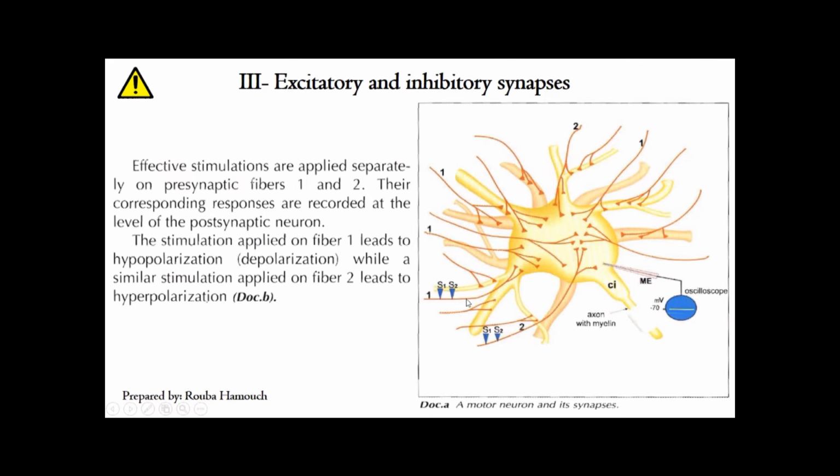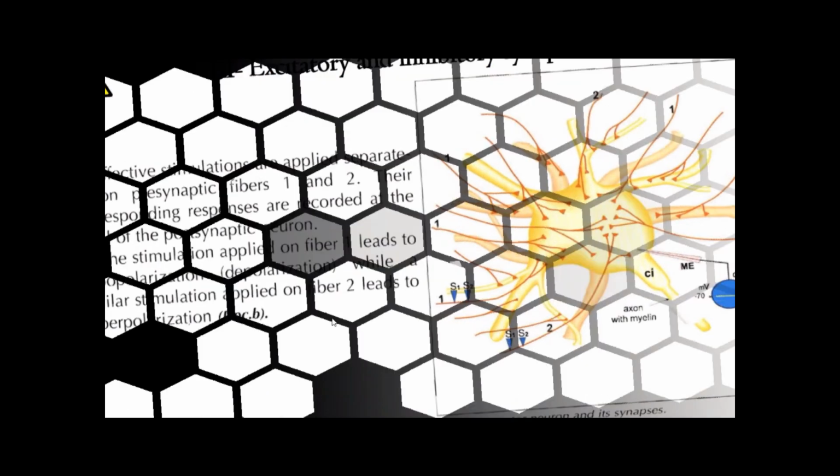So we stimulate separately the fiber 1 and the fiber 2, and we see the variation in the membrane potential at the level of the motor neuron. We observed that the stimulation applied on the nerve fiber 1 leads to a hypopolarization or depolarization, while the stimulation of the nerve fiber 2 leads to a hyperpolarization as shown in document B.